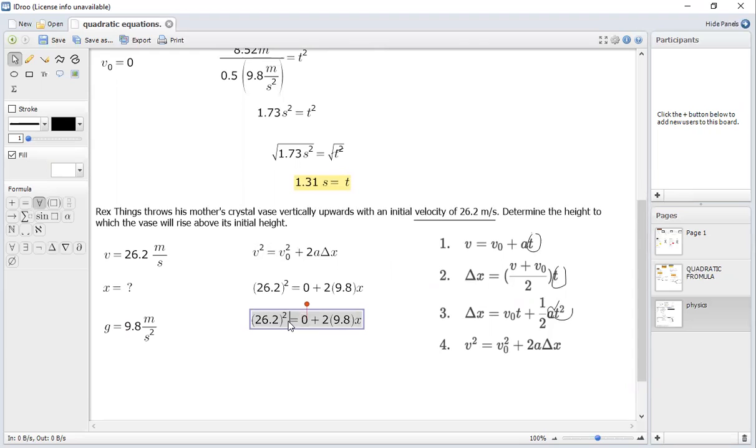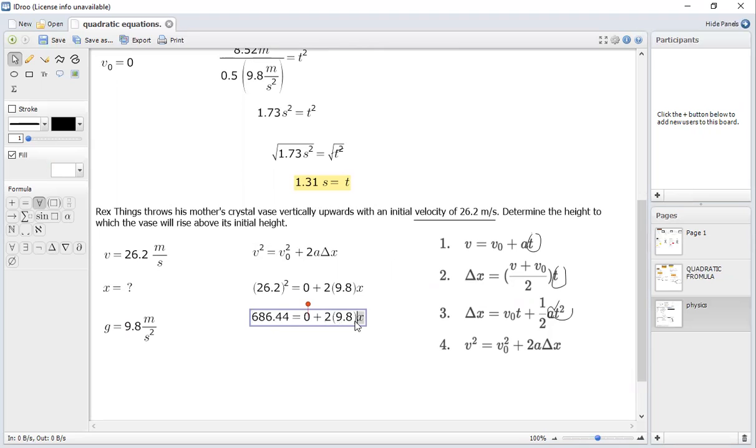26.2 to the second, what is? 686.44. And the 0, remember, nothing, right?